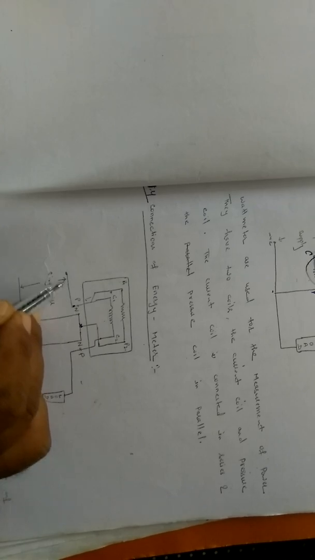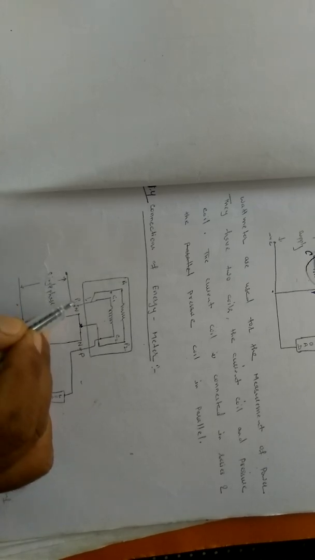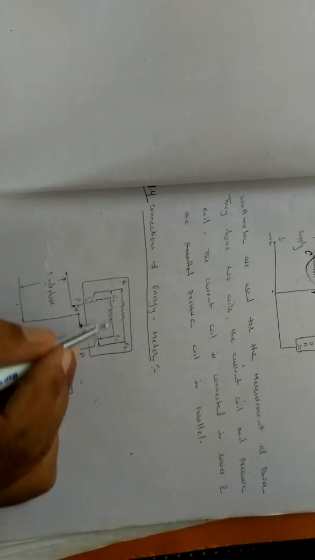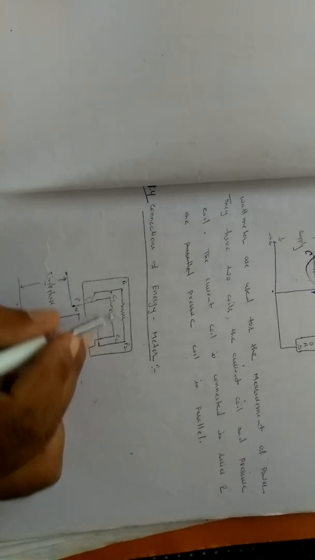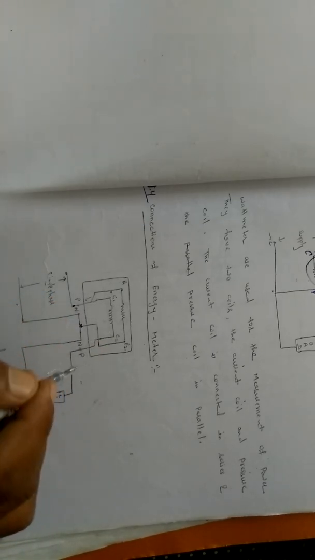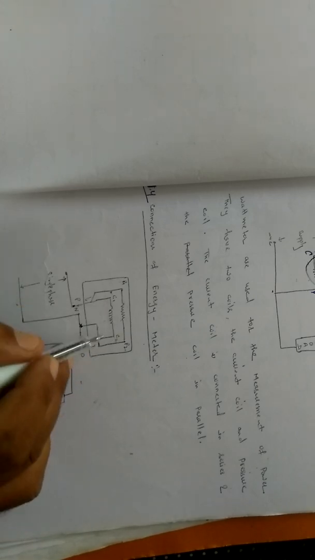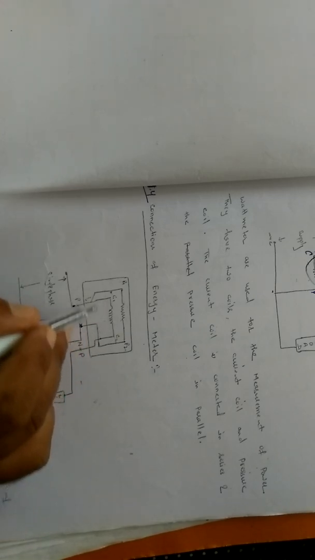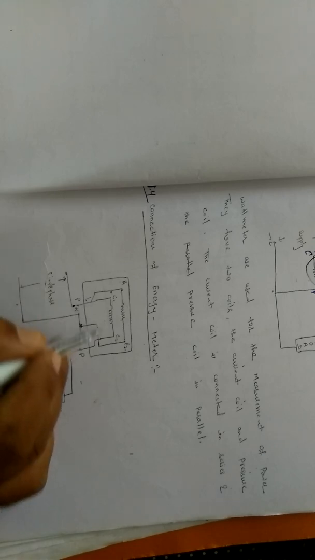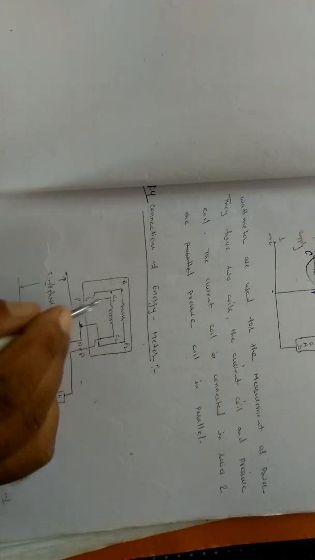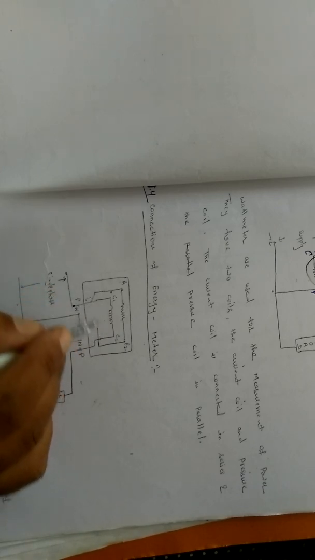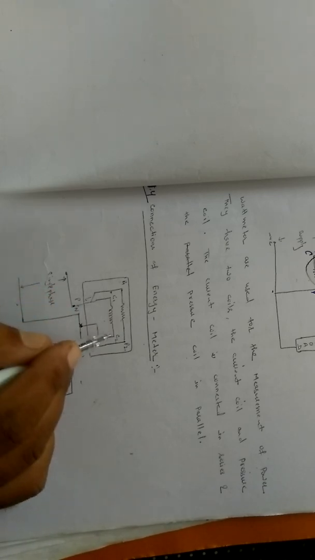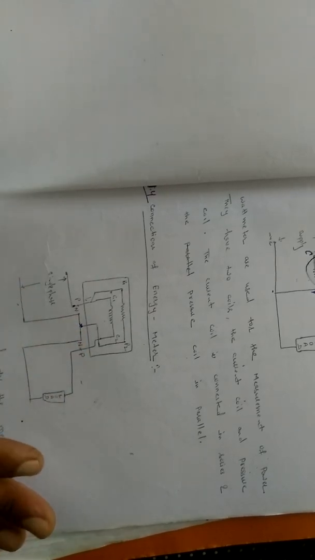The currents flowing in these two coils will interact, and the resultant of both will make the disc of the energy meter revolve. This revolving disc measures the amount of energy used in the energy meter.